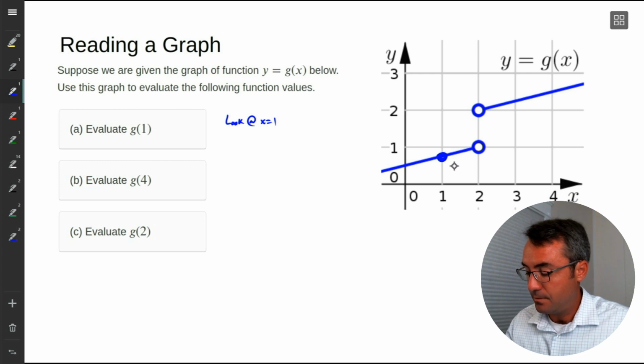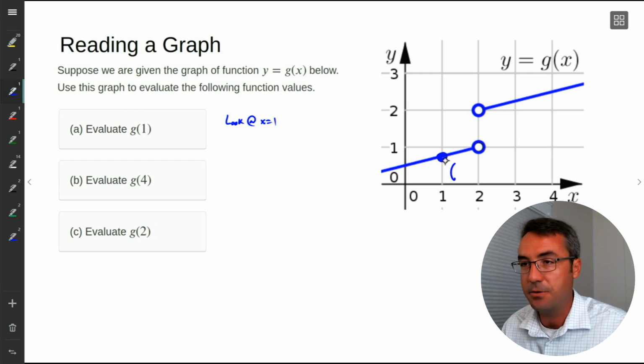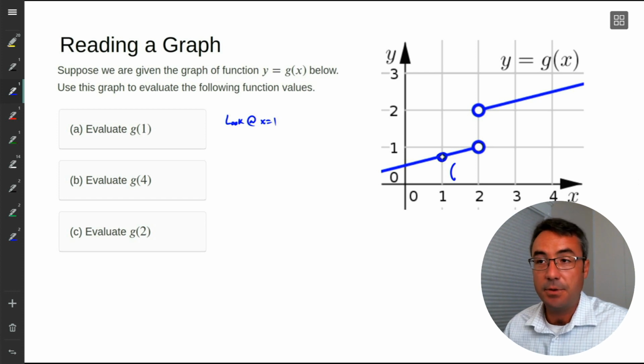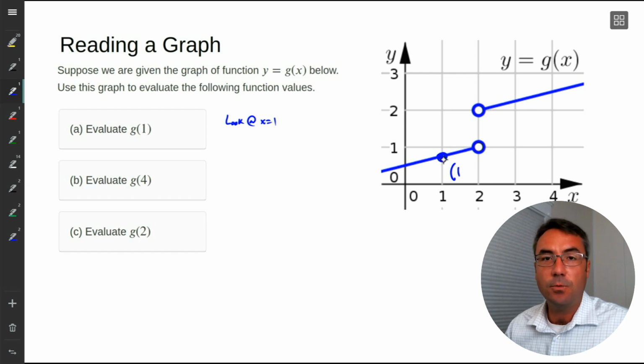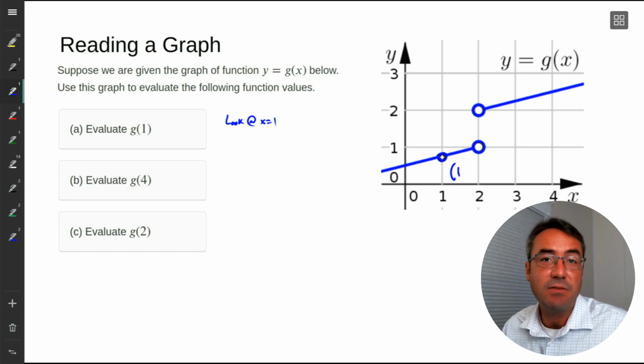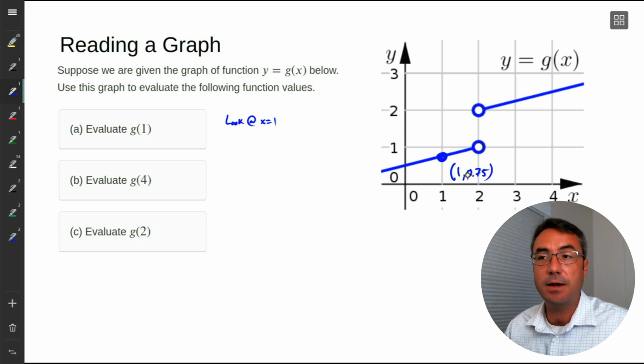Now what are the coordinates of that point? Well, we're kind of estimating here, but the x-coordinate is 1. We know that. And I might say the y-coordinate is maybe 0.75. So I might say the coordinate for this point on our graph is (1, 0.75).